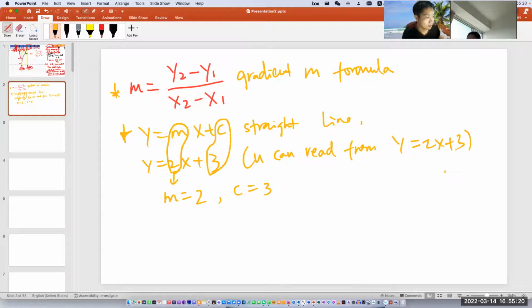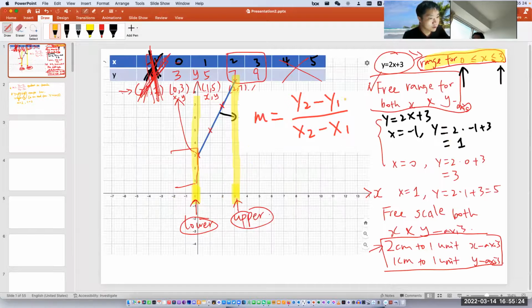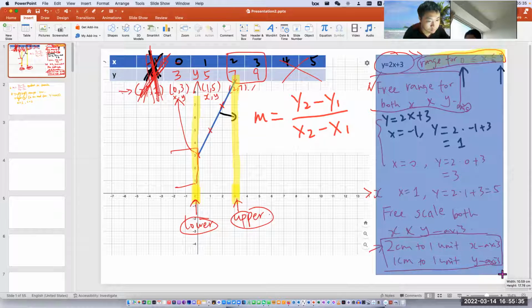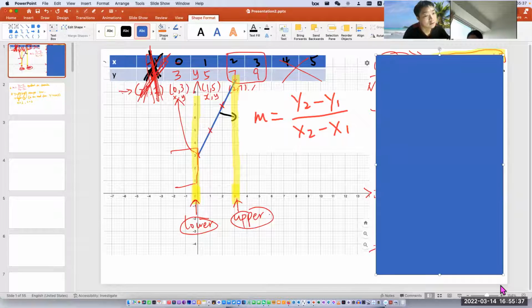But what if this question is covered, and you can't see the equation y equals 2x plus 3?